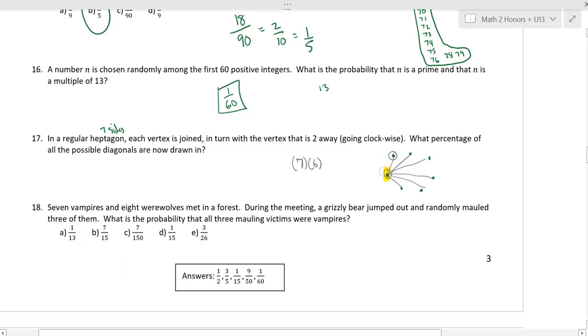So which one did it start with? Well, if I do 7 times 6, one of them started with 1, and one started with the other. So we have double of what we want. We have to divide by 2. And so we end up with 21 different possibilities for all diagonals.